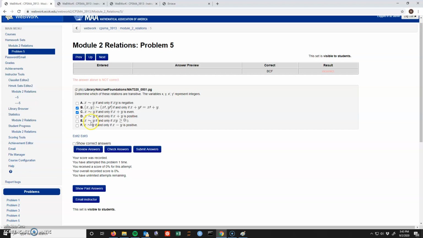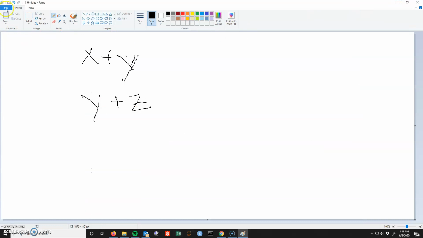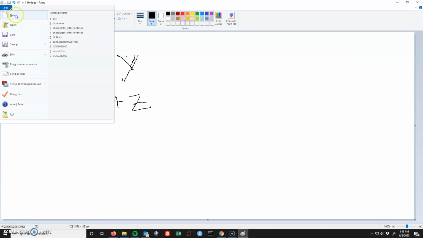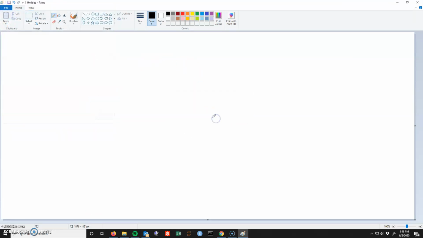a transitive relation. Next one is about positivity. Positivity is actually not transitive, because I could do something like negative 2 and 3. Negative 2 plus 3 is positive.